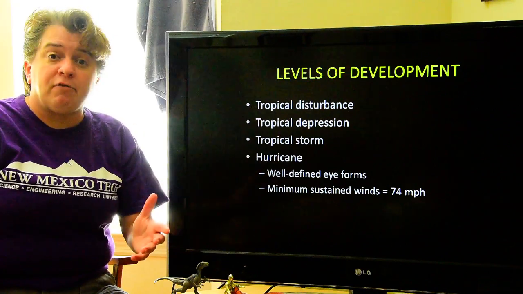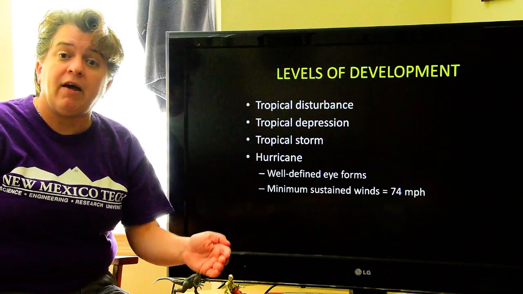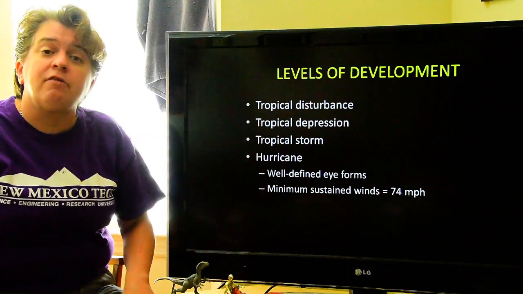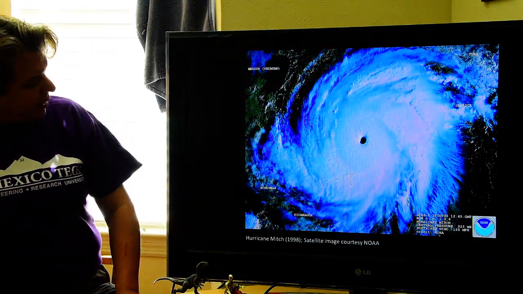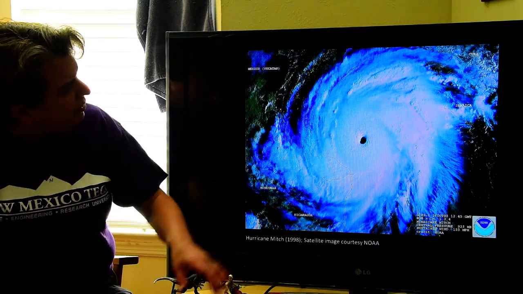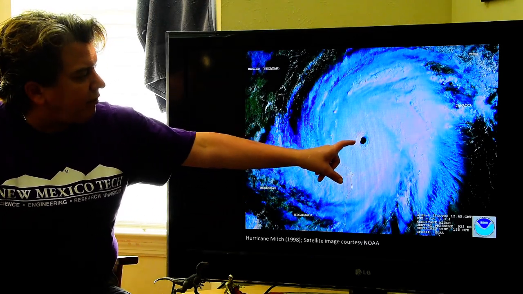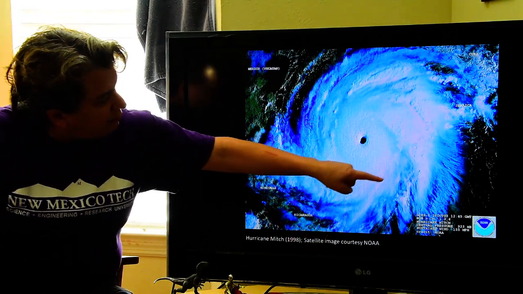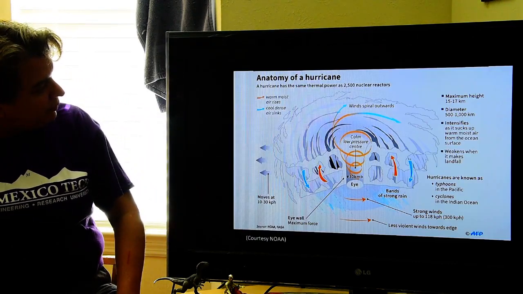Now, gusts are going to be stronger than that, and in fact, your sustained winds can be much stronger than that, depending just how well this hurricane ends up developing. All right, so this is Hurricane Mitch back in 1998, and I used this image just because Mitch had this really, really nicely outlined eye, and you can see the storm, the way it was spinning around there.